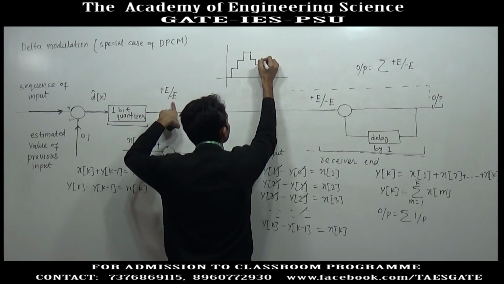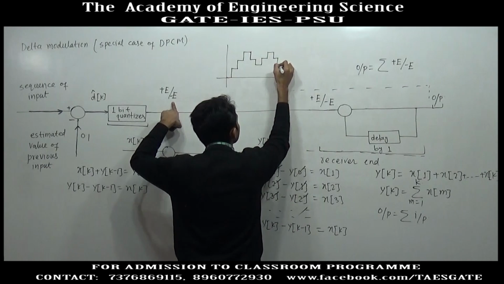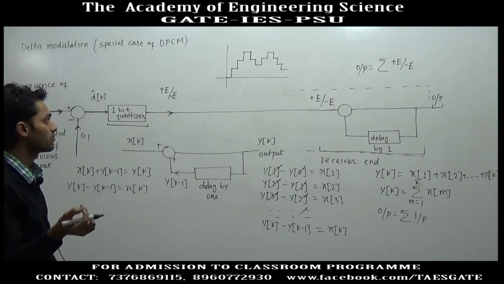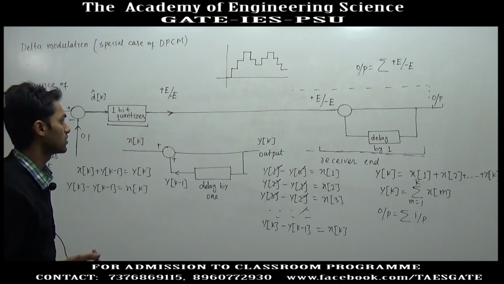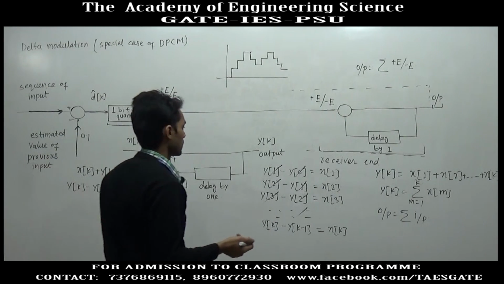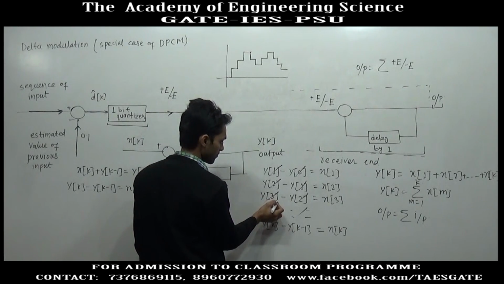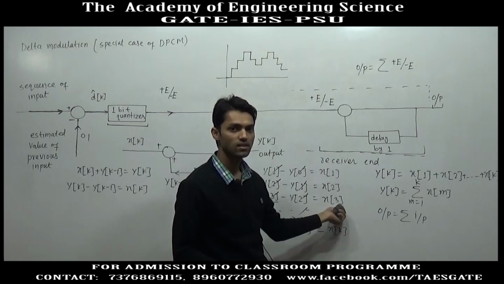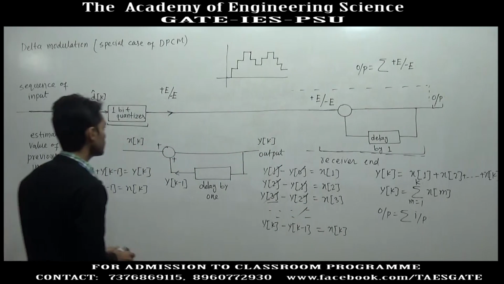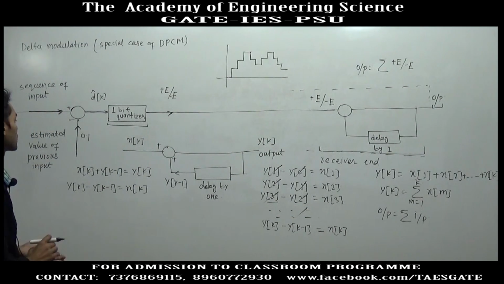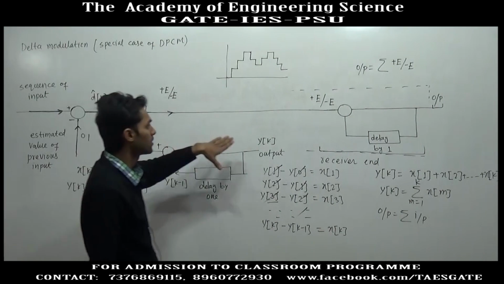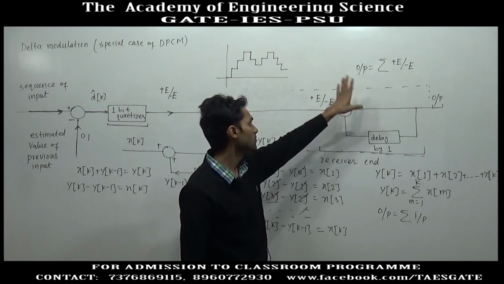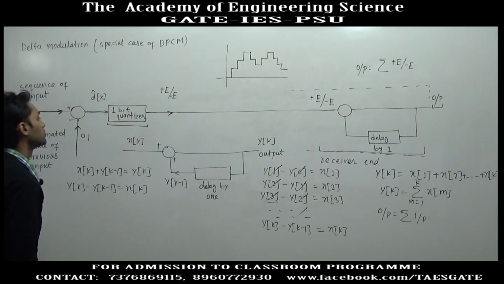So, we will get this type of output sequence. At each step either plus E or minus E will be added to the output. Output at instant y3 is equal to output at y2 plus the input. So, we have understood the meaning of the 1-bit quantizer and receiver. At the receiver, output is nothing but the summation of plus E or minus E.